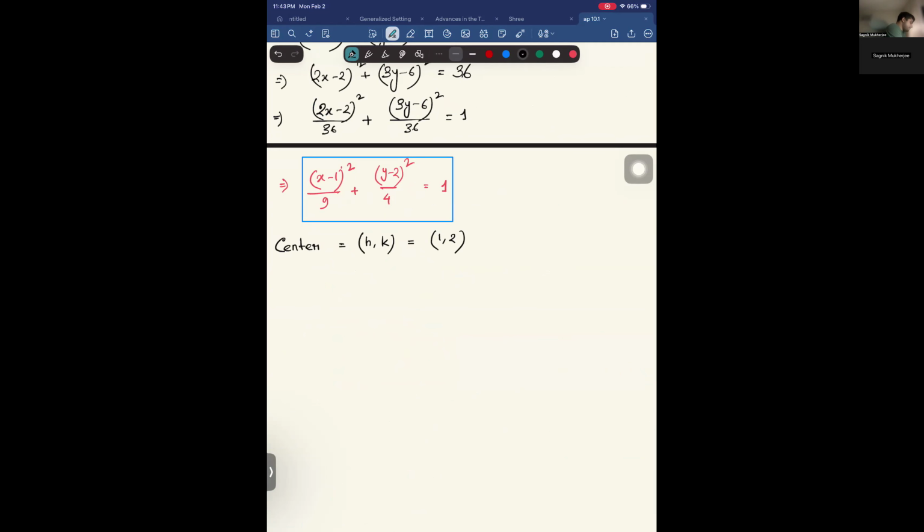Okay. Now what is a? So a squared is 9. Compare it with the equation here, (x minus h) whole squared over a squared plus (y minus k) whole squared over b squared is equal to 1. So a squared is 9, meaning a is 3, and b squared is 4, meaning b is 2, right?